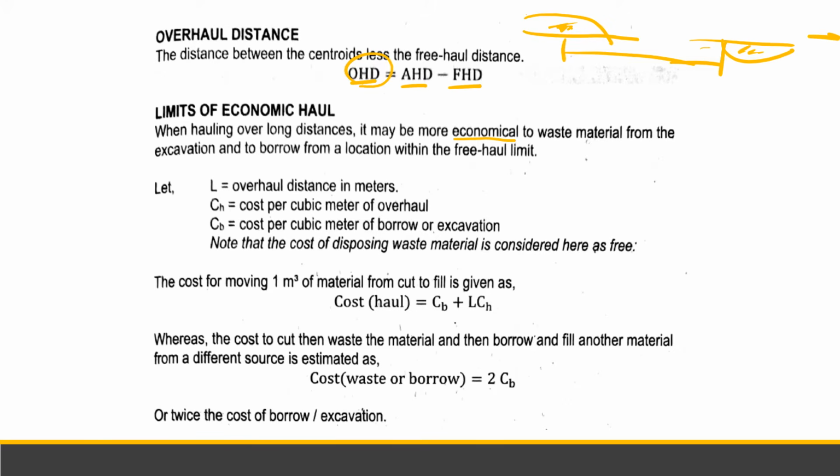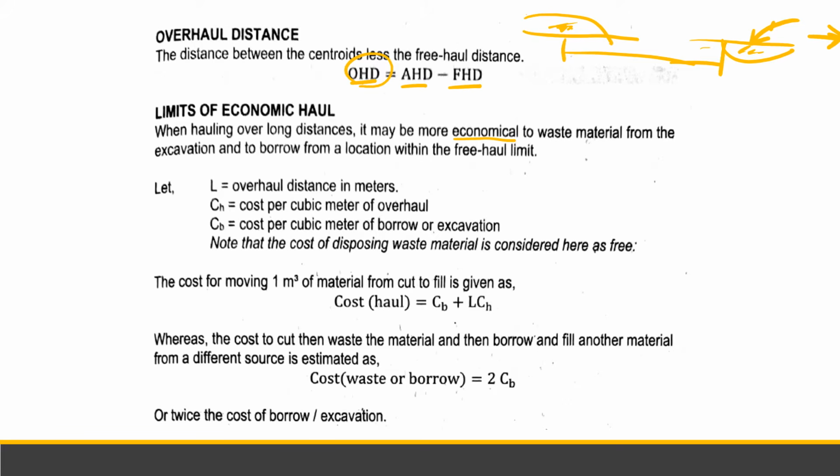So maybe somewhere here there is another soil to fill this part. L is the overhaul distance in meters. CH is the cost per cubic meter of overhaul, and CB is the cost per cubic meter of borrow or excavation. Note that the cost of disposing waste material is considered free, of course.